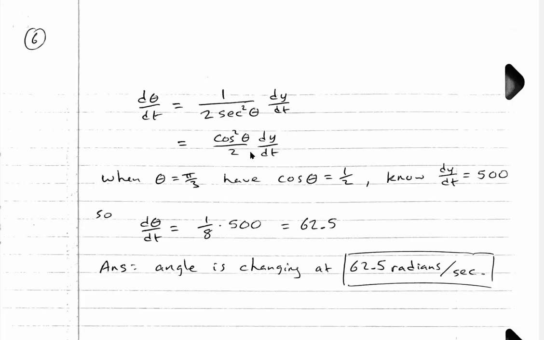The last step, just substitute what we know. Cosine of pi/3, cosine of 60 degrees, is 1/2, a special angle. dy/dt is 500. So we have 1/2 squared divided by 2, so 1/4 divided by 2, that's 1/8, times 500, which is 62.5.